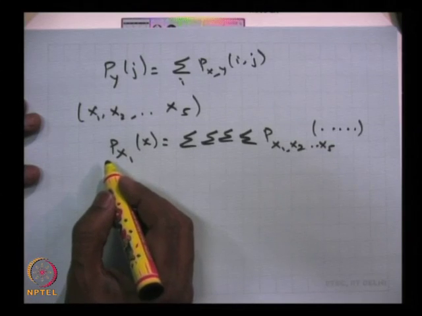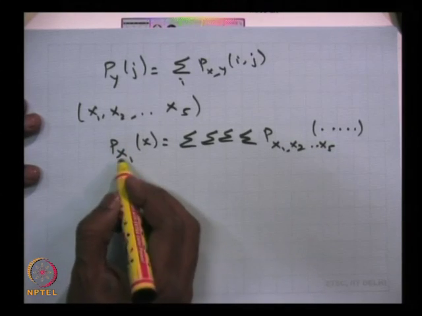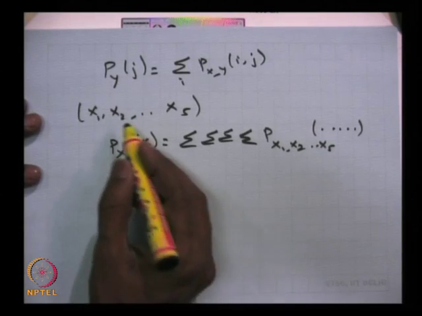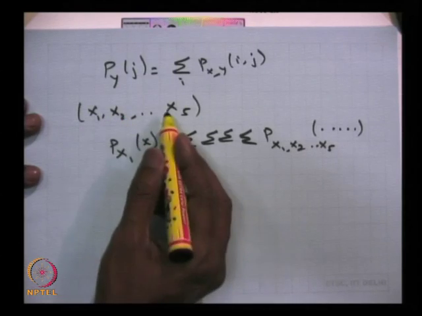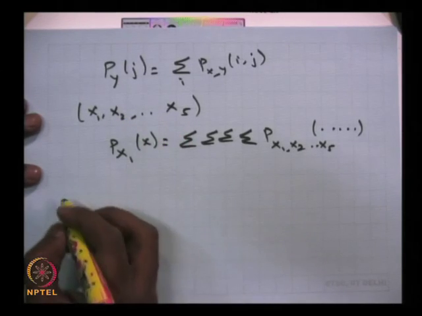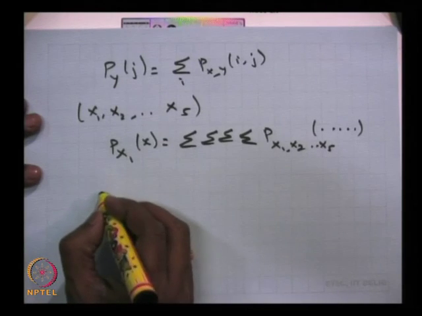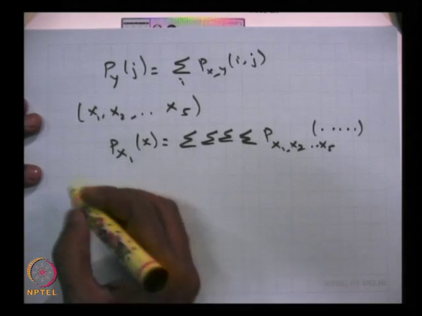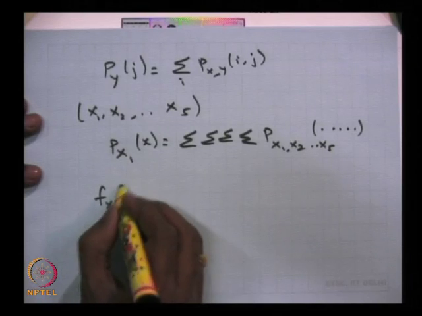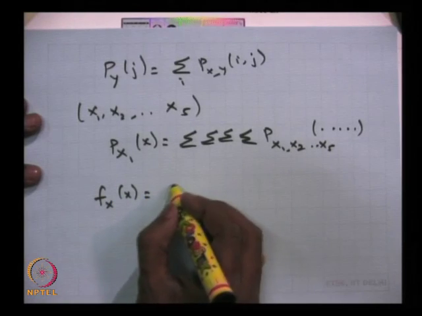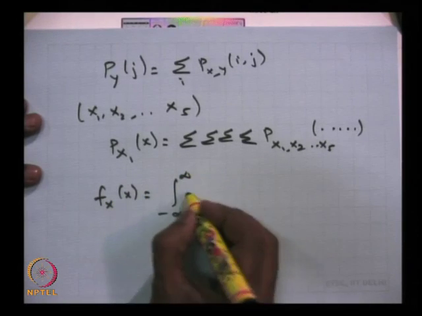You will get the marginal distribution of the random variable x1. Similarly, you can get the marginal distribution of x2 or any other random variable. Similarly, suppose you have a joint probability density function. From that you can get the marginal distribution of one random variable by integrating with respect to the other random variables.